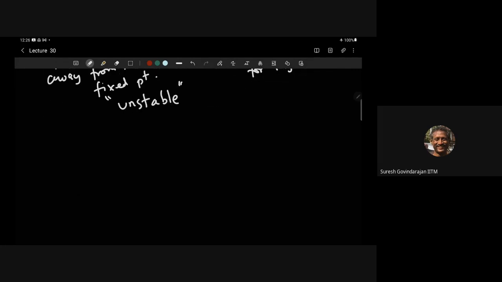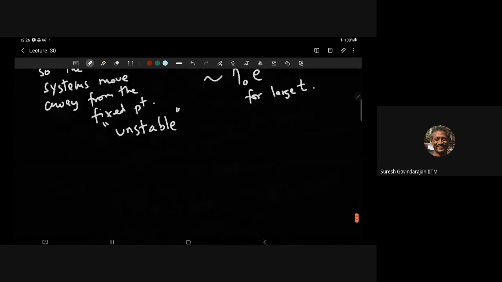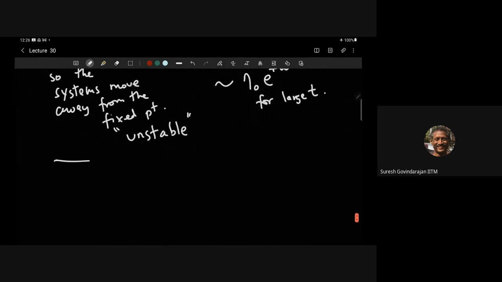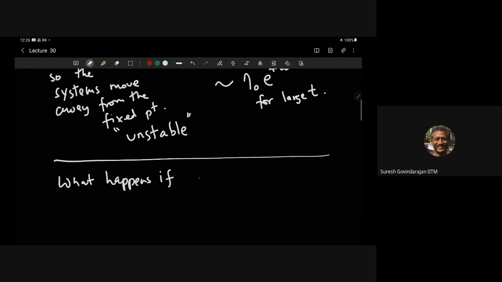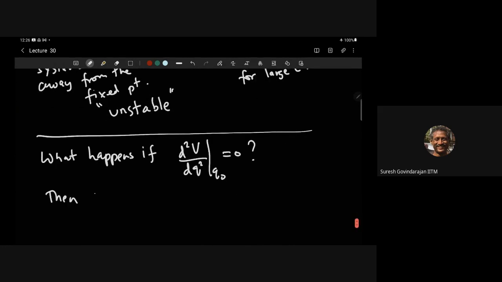So that's a third possibility. And what happens if d square v by dq square at q naught is 0? Then we need to go to cubic order.